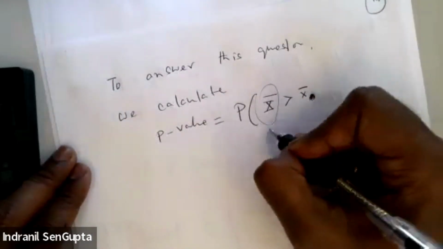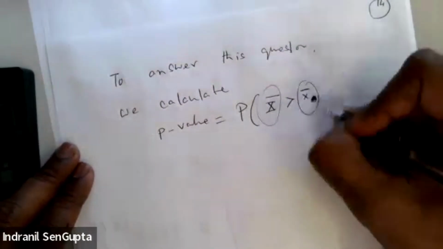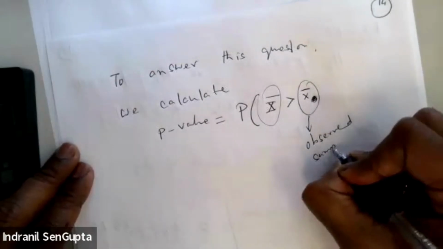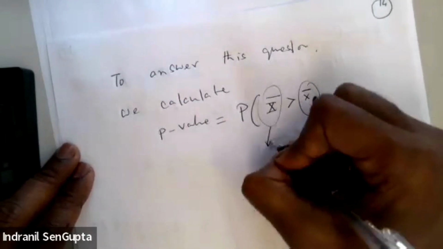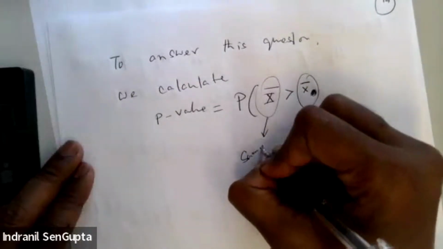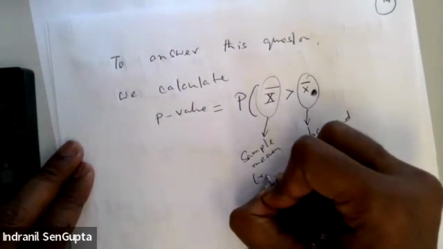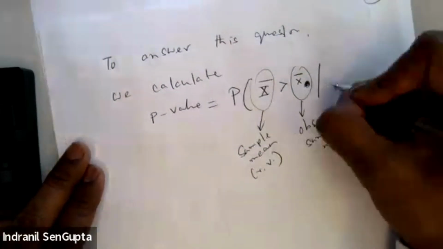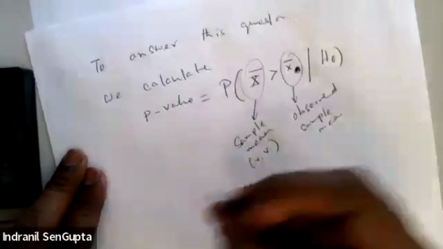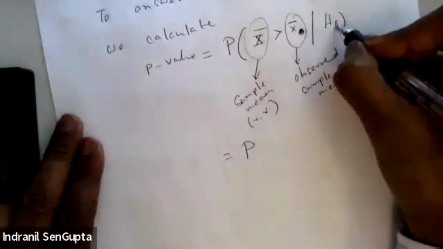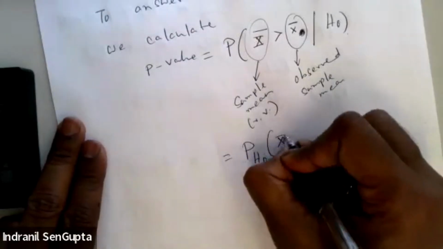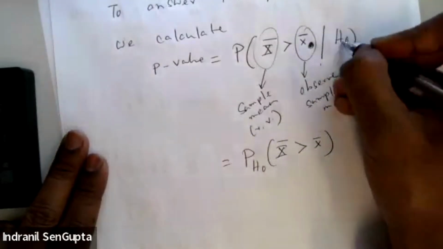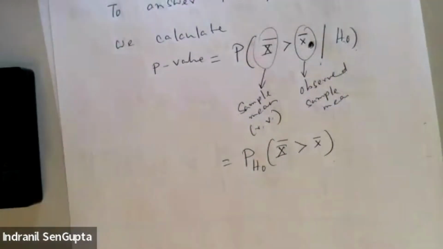What is this? This is a random variable, the sample mean, and this is the observed sample mean. Under the null hypothesis. Another notation for the same thing is P with H0 written here, X bar bigger than x bar. These were just two different notations, same meaning.